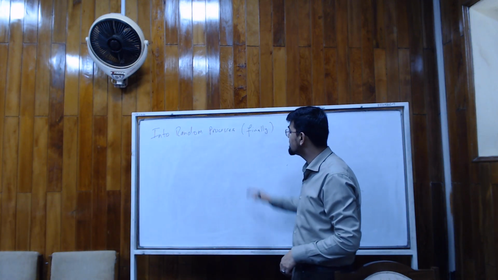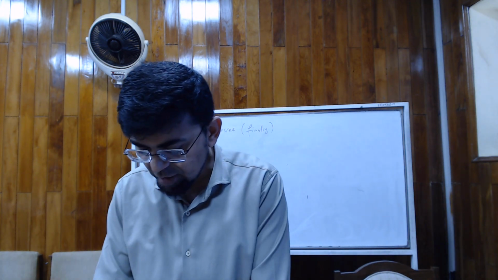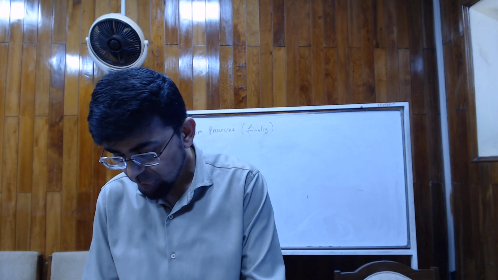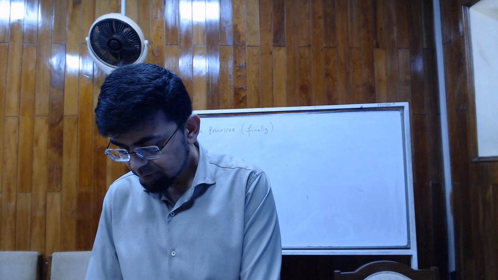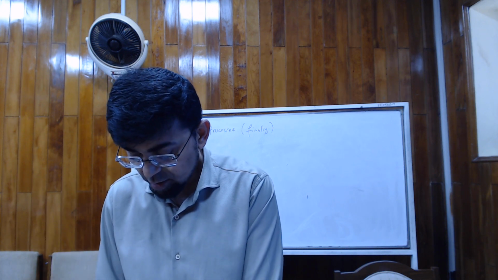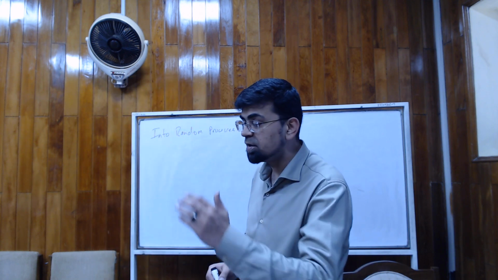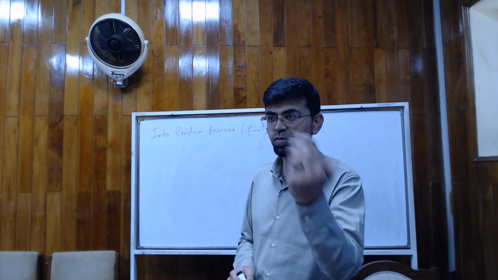So into random processes finally. Now we are going to random processes, and for that, I've already mentioned some aspects, but I will start by first generalizing this thing. We went from one random variable to two, variance to covariance.